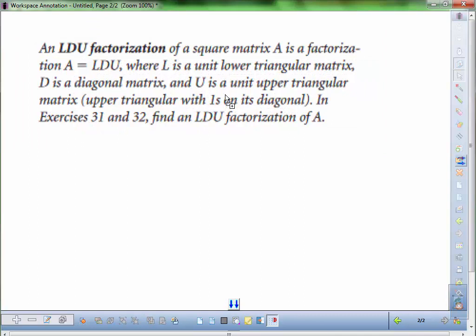So what we've been working on is an LU factorization. There are many other types of factorizations that exist. Another one is an LDU factorization, where, as they explain here, L is that unit lower triangular that we've been working on, then D, and then U is a unit upper triangular, and now D is just a diagonal matrix.